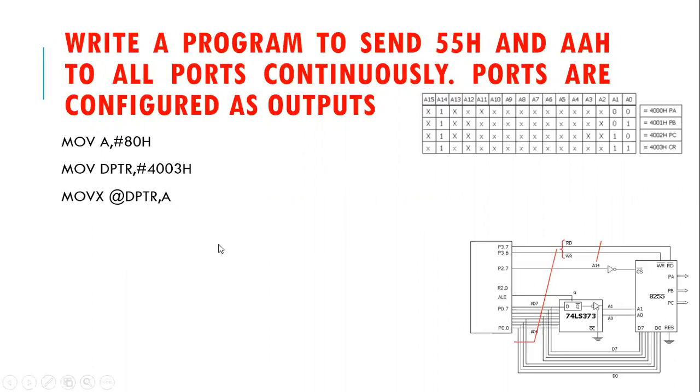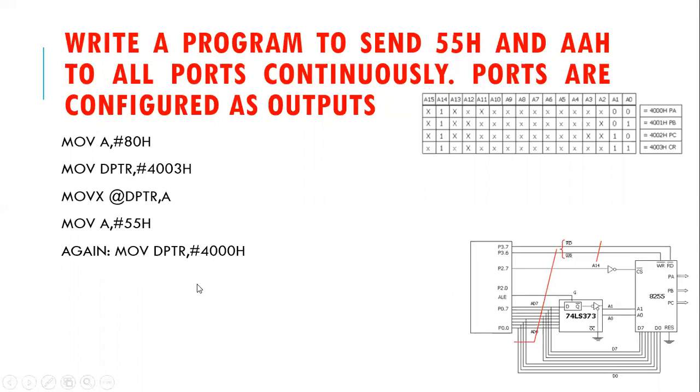Next, we know we have to send 55H and AAH to all ports continuously. So we take the data 55H into the A register. Then we have to send it to all the ports. First we address port A. How do we address port A? MOV DPTR, #4000H.